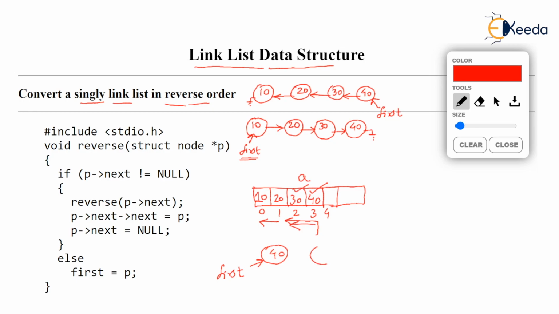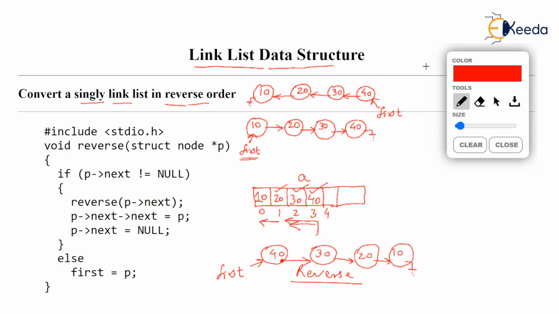So we'll create a new node for 30 and ask 40's next to point to 30. Similarly, as we take 20 backwards, 30's next will point to the new node 20, and finally 10 will be added, where 10's next will be made null. So this is the reverse of the given list 10 to 40. We have got 40 to 10.